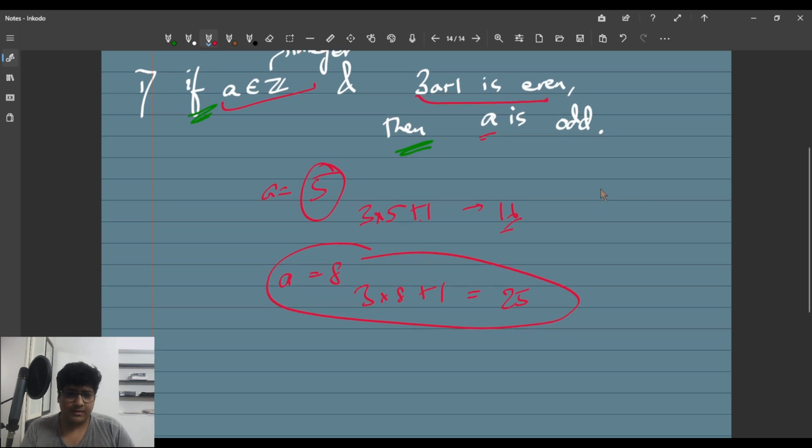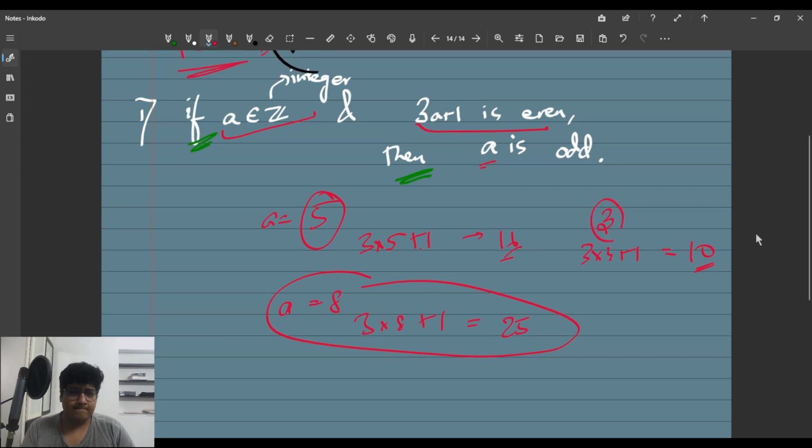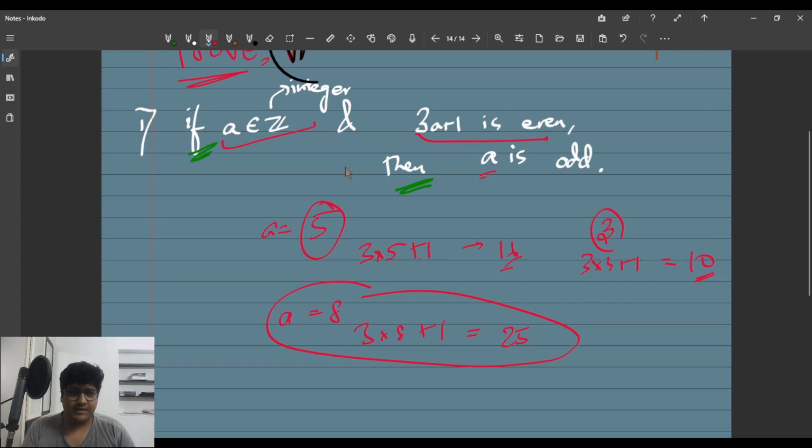So take another, say a is 3. 3 into 3 plus 1 is 10, so 10 is even, and a is also odd. So it seems like the statement is true.